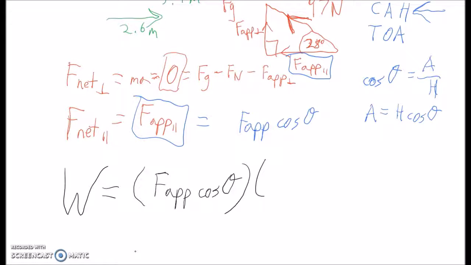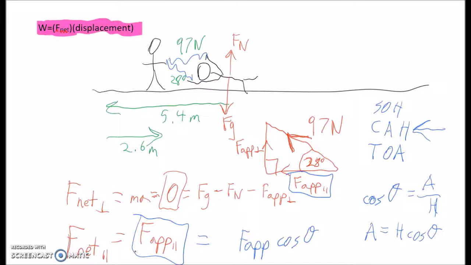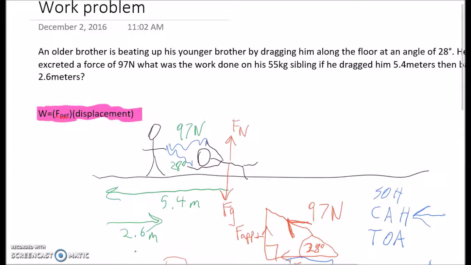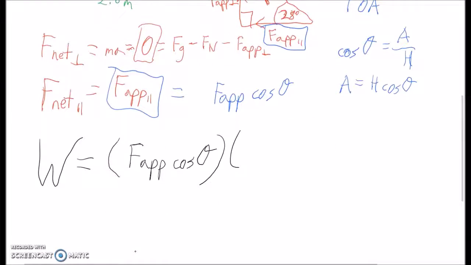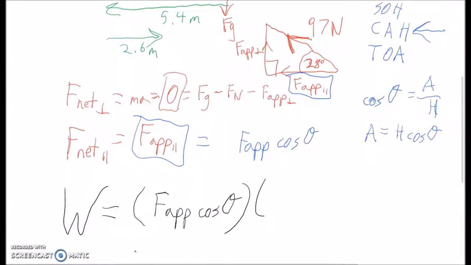And we want to have displacement. So displacement is not distance. Distance would be you add these two together, but since this is dragging them, if you drag them then back 2.6 meters, then you subtract the two. So just like any adding of vectors in forces, 5.4 to the left, and we're calling left positive, minus 2.6 to the right, so they subtract. You're just subtracting this area from here to here.